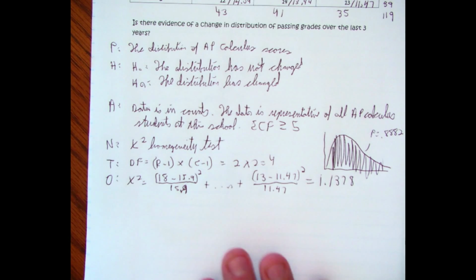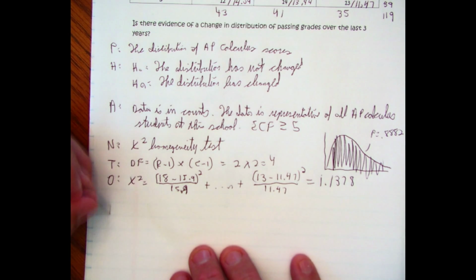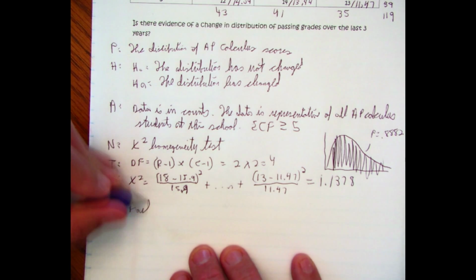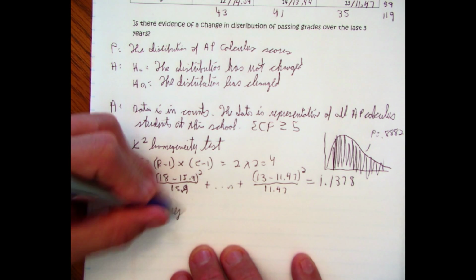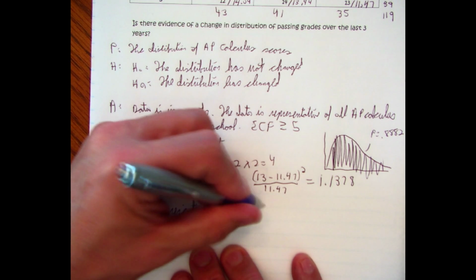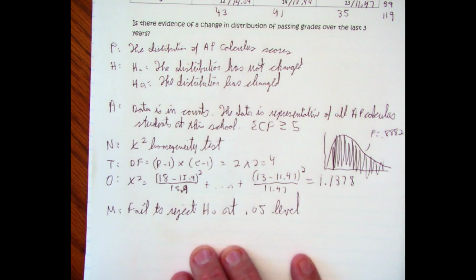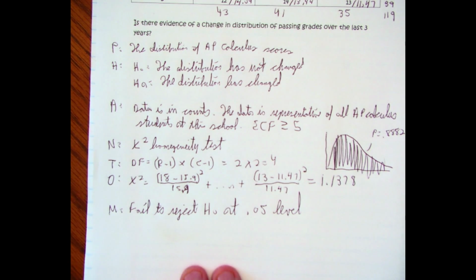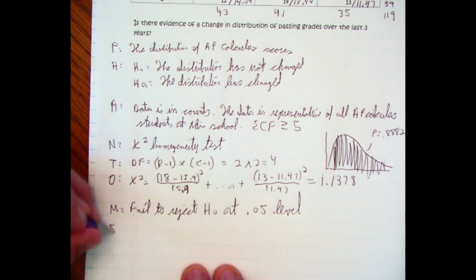So this one's pretty simple. Make a decision. We're going to fail to reject H of O at the 0.05 level, though they didn't tell us that. We'll just say we're done at the 0.05 level, and state our conclusion.